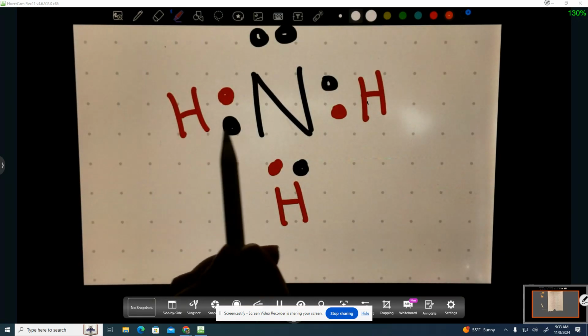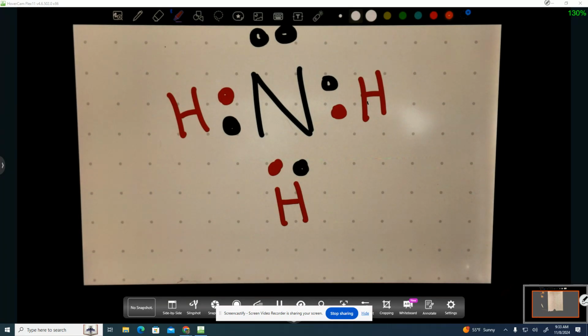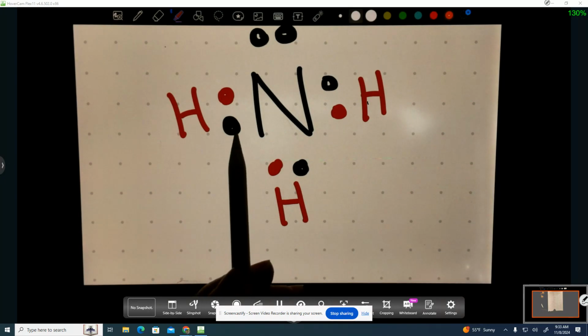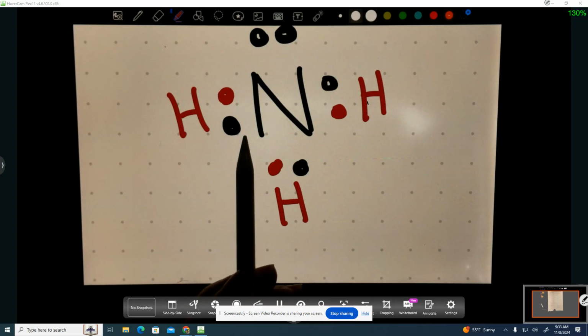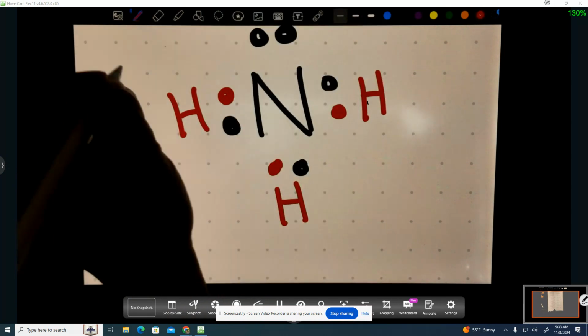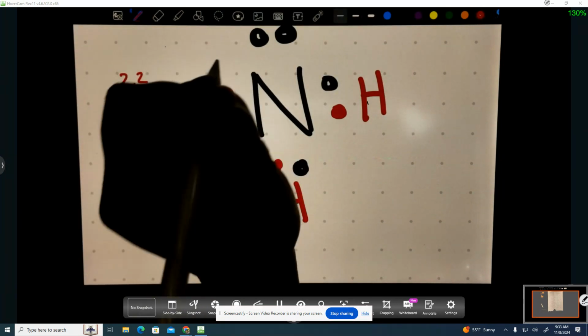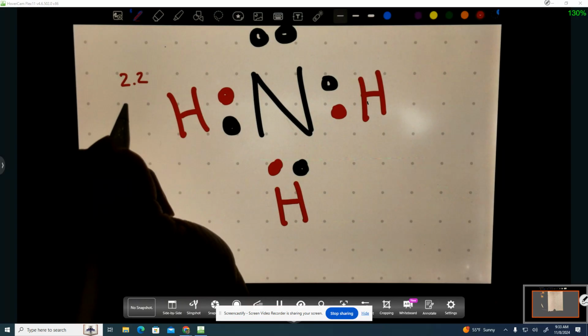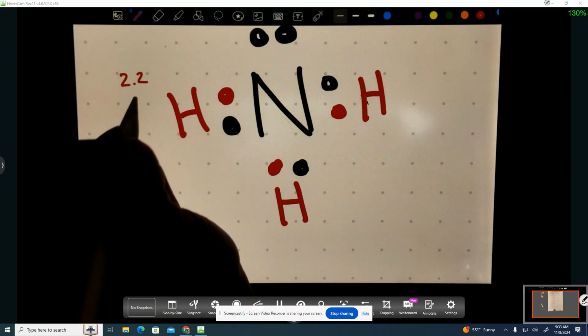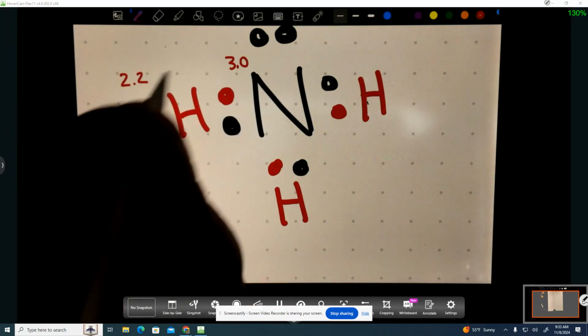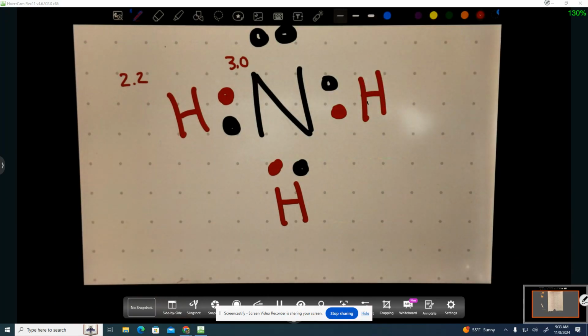Are these sharing their electrons equally? Are they pulling exactly the same so those electrons are right smack dab in the middle? Let's look them up. Hydrogen is 2.2. Nitrogen is, I don't know, 3.0. Are they pulling on those electrons the same?